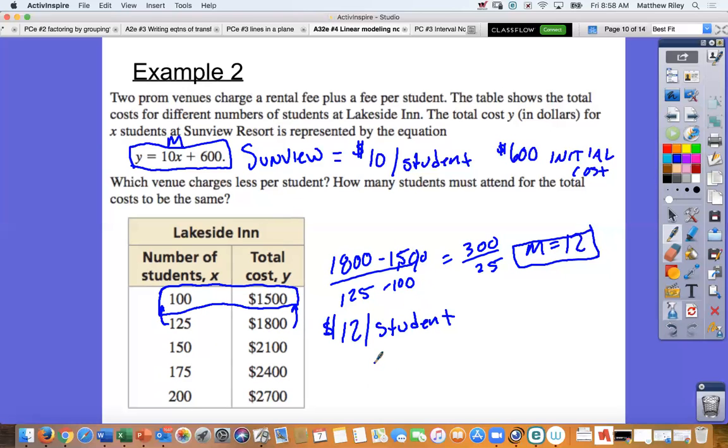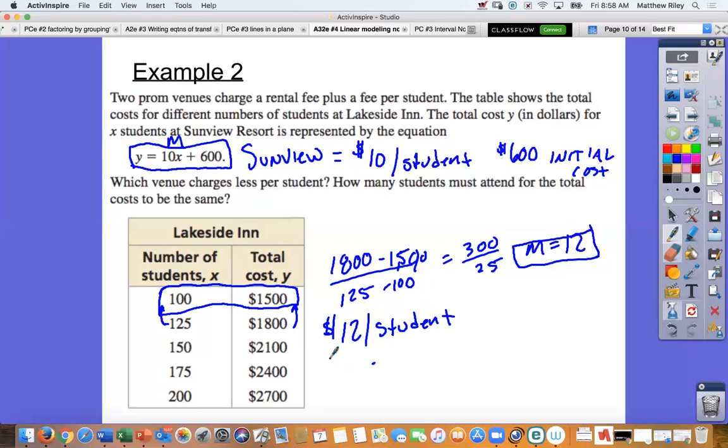So I can either use common sense here. If it's $12 per student and I have 100 students, that's $1,200. My total cost was $1,500. So that means my initial cost has to be $300. If you don't want to think, first of all, start wanting to think. It'll save you some work.